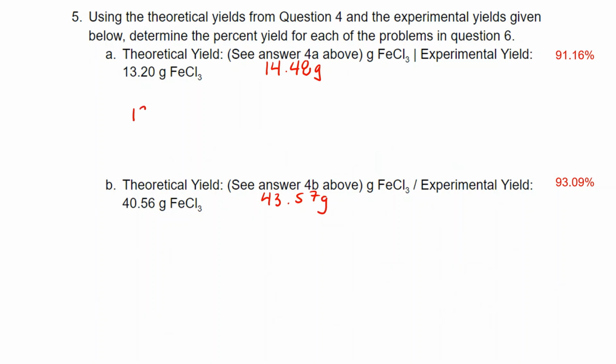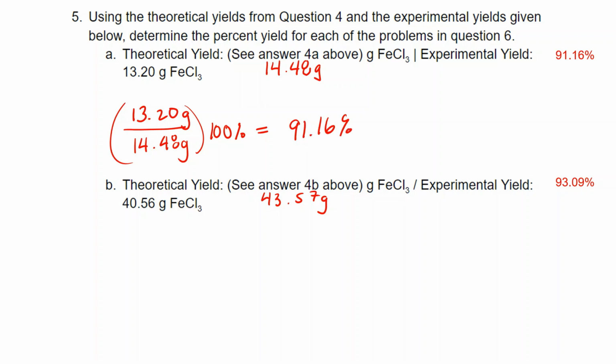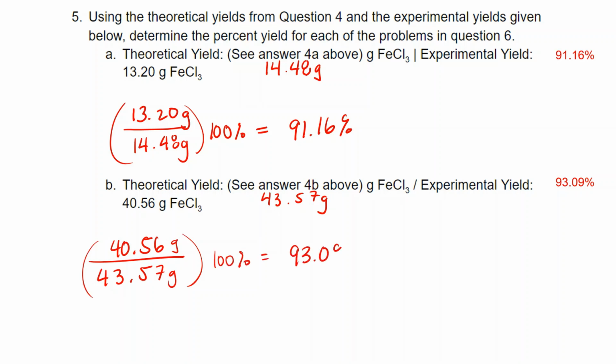So I'm going to take how much we actually made and divide it by how much we could have made and multiply by 100 to get our answer here. So I get 91.16%. Here we made 40.56 grams. We could have made 43.57, which means that our percent yield was 93.09%.